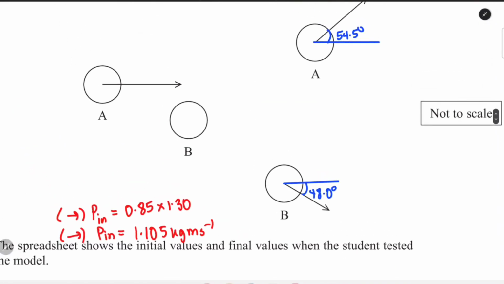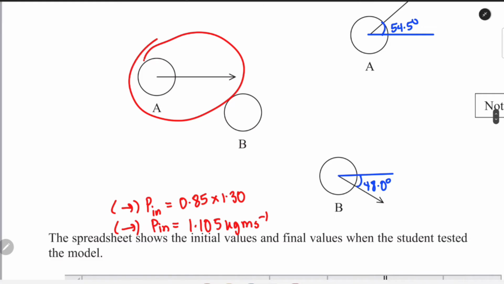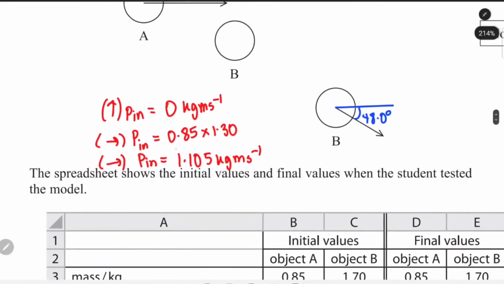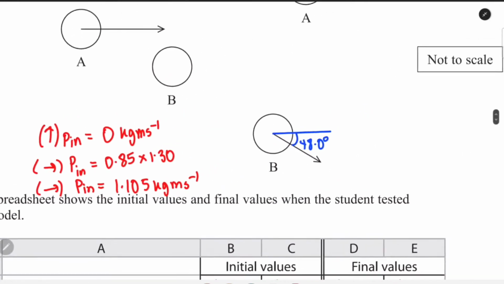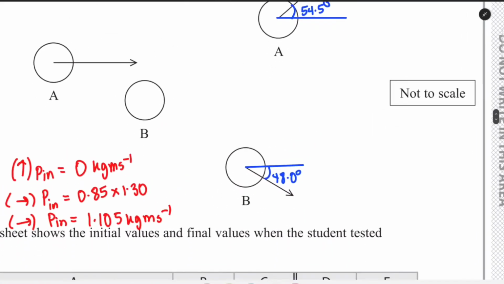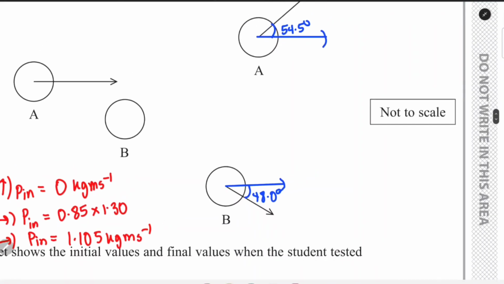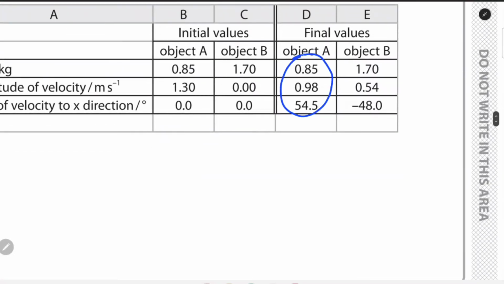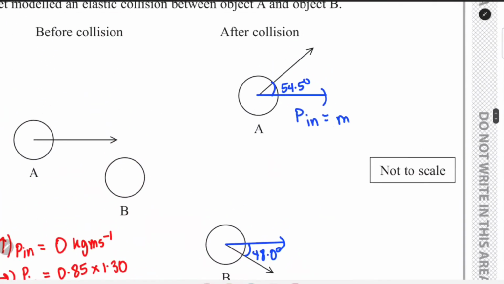Now before the collision, the vertical momentum was 0 kg meter per second, and the horizontal one was 1.105. So after the collision it should also be the same. Both of them will have a rightwards component of momentum. For this, it's mass into velocity times cos theta.